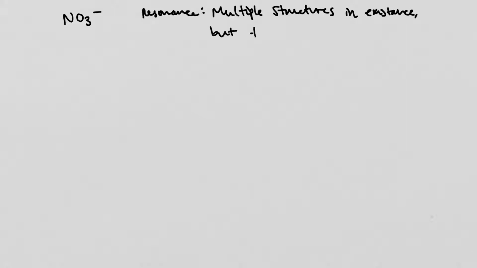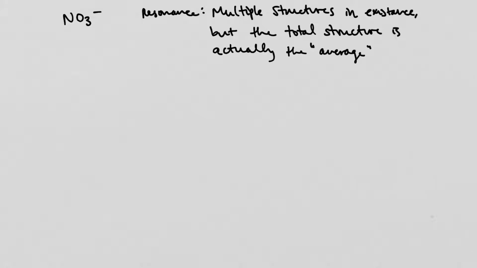Resonance, okay, means that there are multiple structures in existence, but the total structure is actually, and I'm going to put this in layman terms here, the quote-unquote average of all resonance forms.